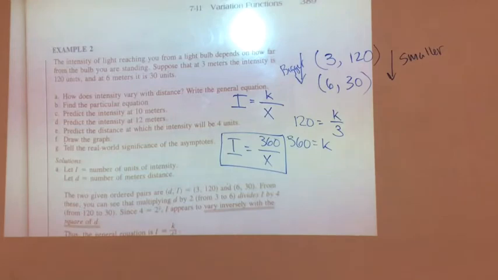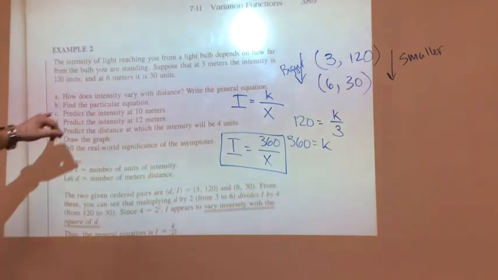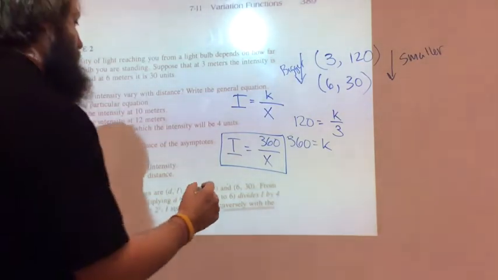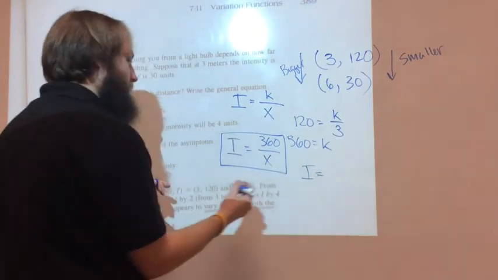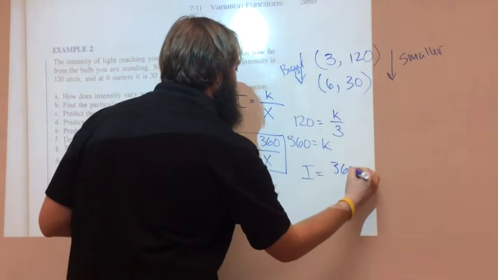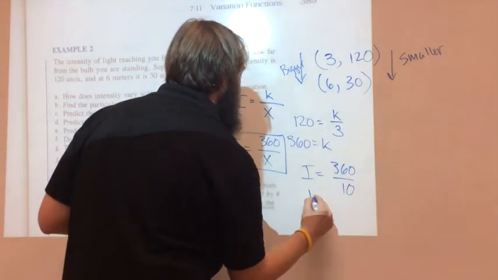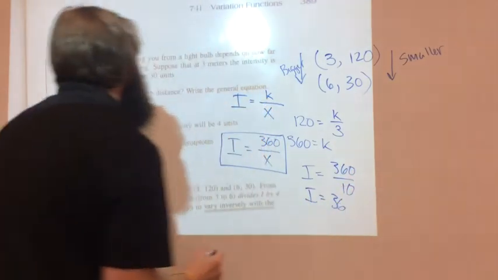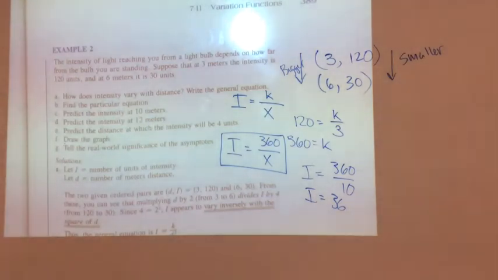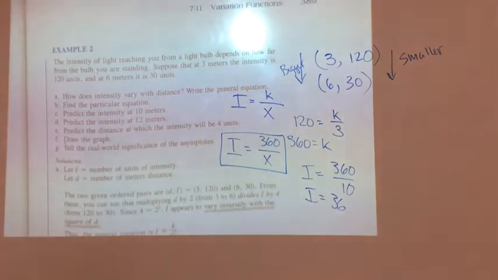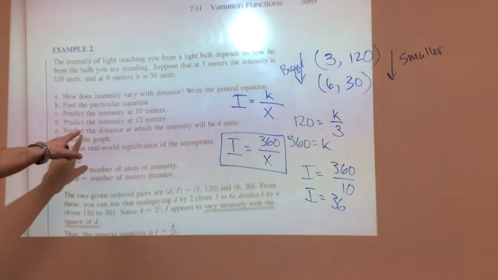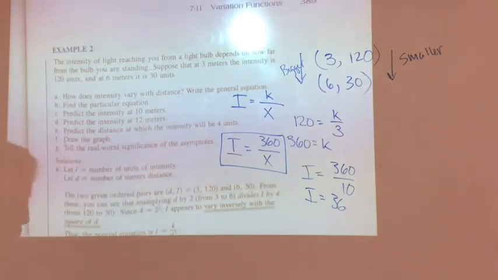The next part says predict the intensity at 10 meters. We're just going to plug in for x. So we let I equal 360 divided by 10, which gives I, the intensity, of 36. The next one is predict the intensity at 12. You guys are going to do the same thing, but plug in for 12. Predict the distance in which the intensity will be 4 units.